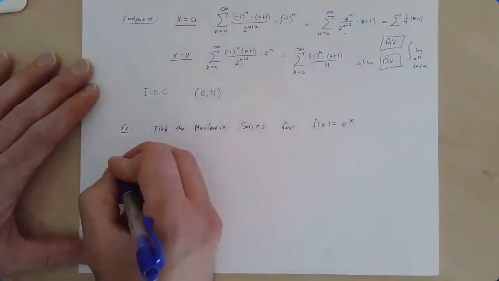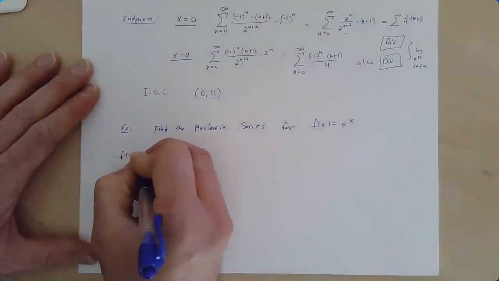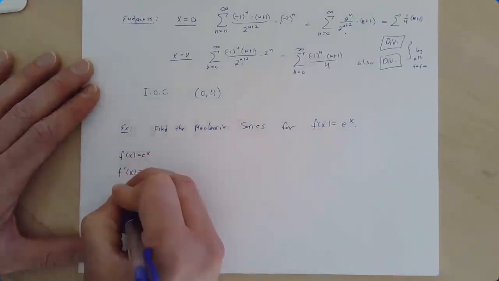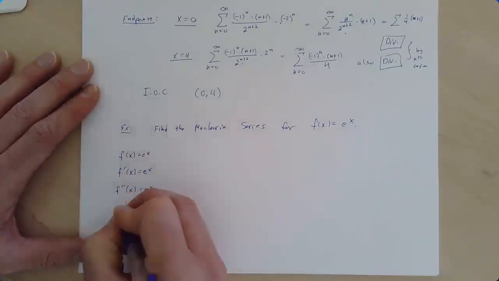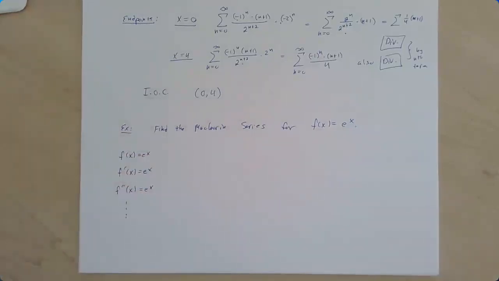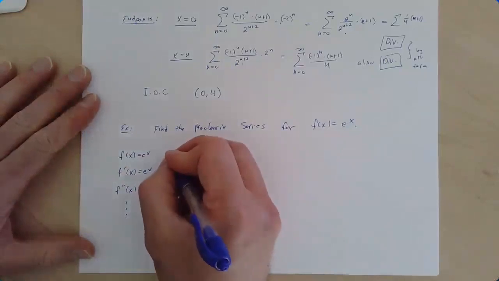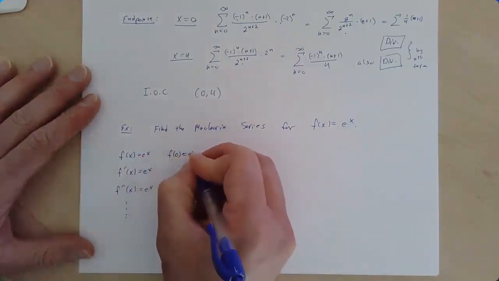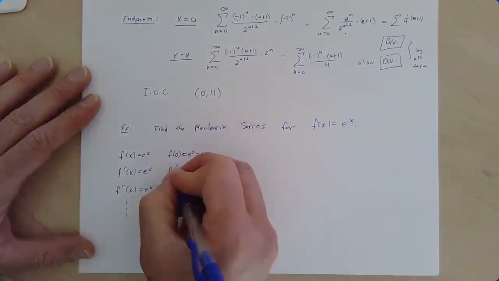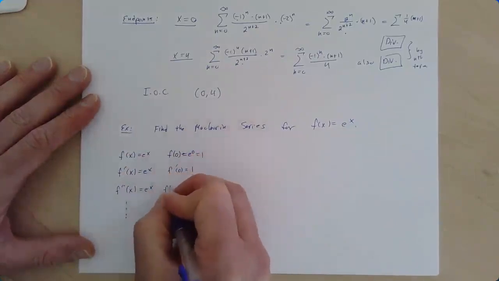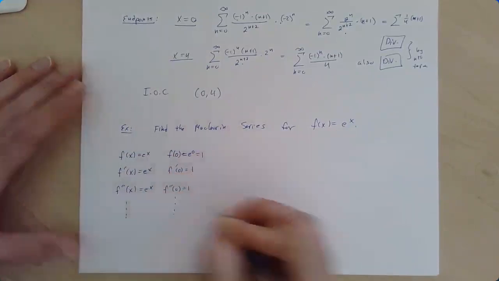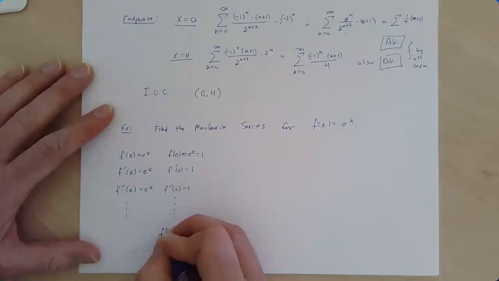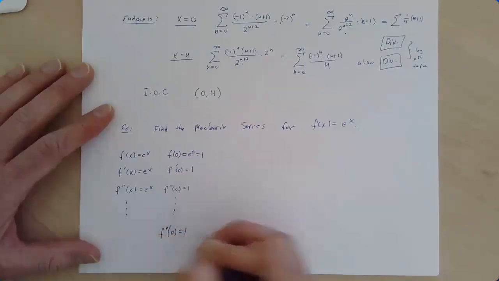So let's see. My function is e to the x. My derivative is e to the x. My second derivative, oh yeah, I think I can stop. All the derivatives are just e to the x, which means my function and all derivatives evaluated at 0 are just going to be 1. Which is really nice. That means in my formula, my nth derivative evaluated at 0 is just 1.